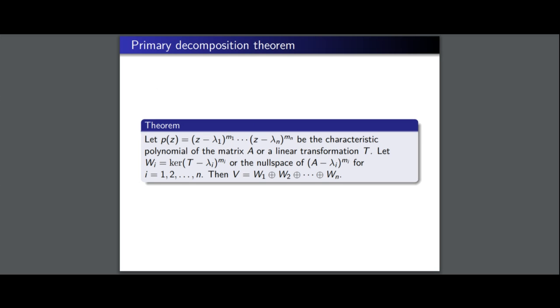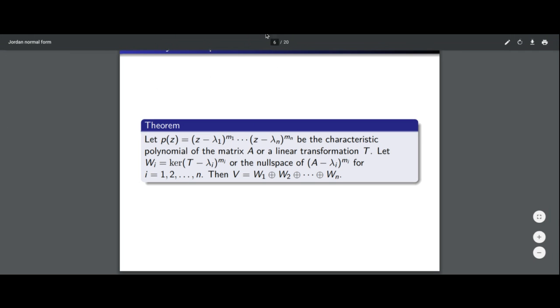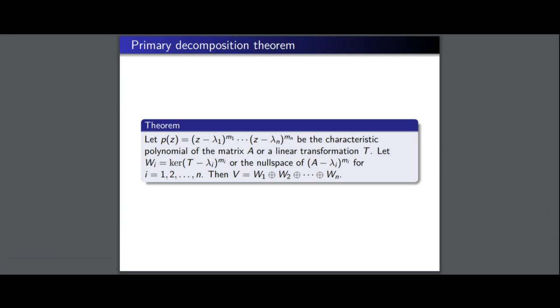And you combine those, and then they give you a direct sum. The direct sum of those gives you V. And let me just tell you what this theorem tells us about an example.